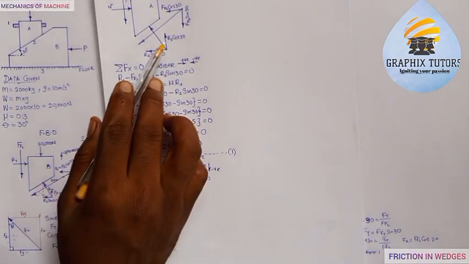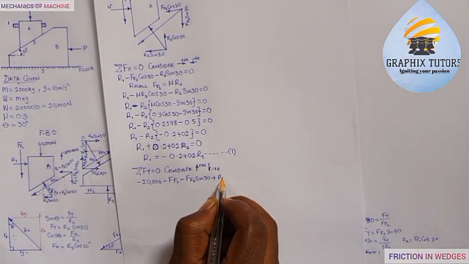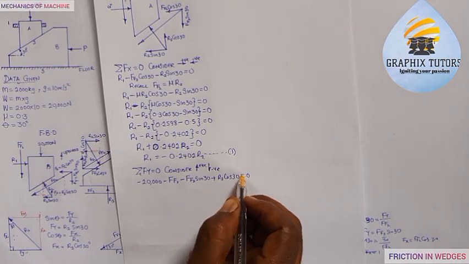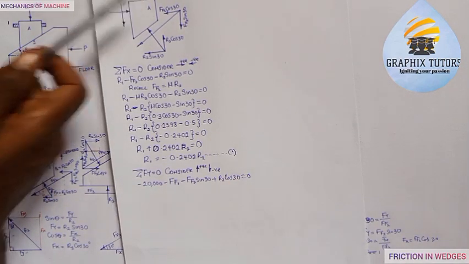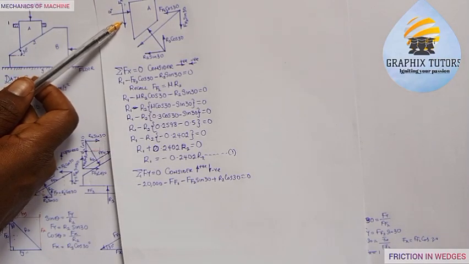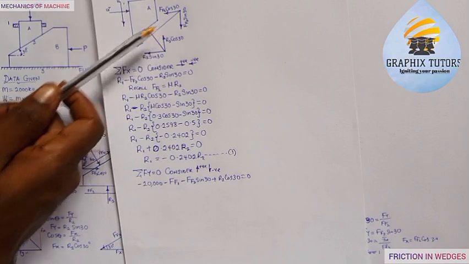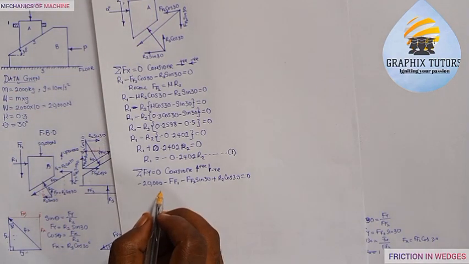This is now facing upward, plus R2 cos 30 equals 0. So we only consider the vertical component: facing down 20,000, facing down FF1, facing down FF2 sine 30, then facing up, because facing down is negative.